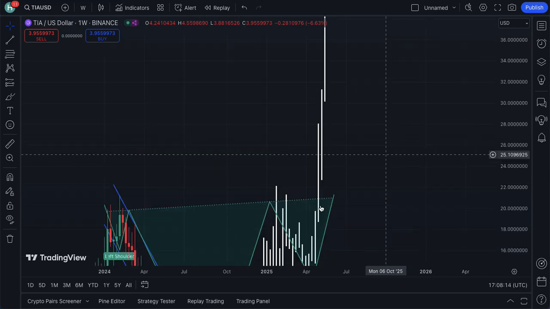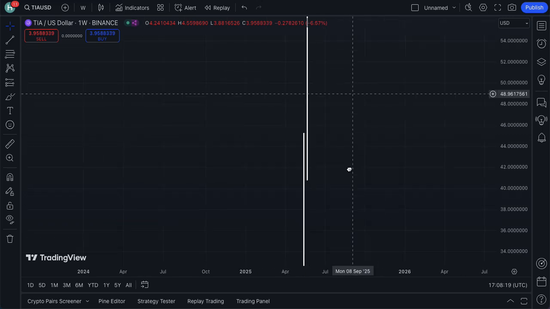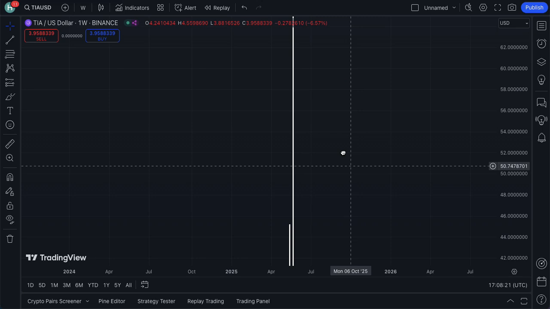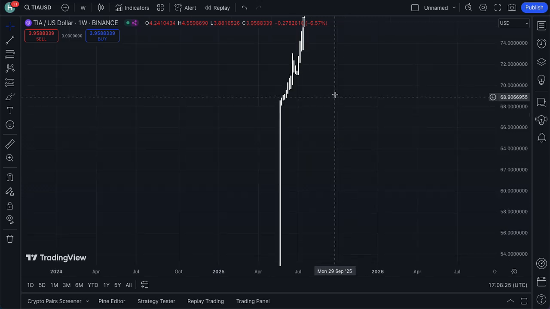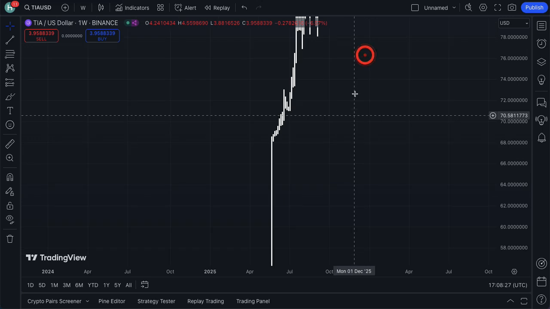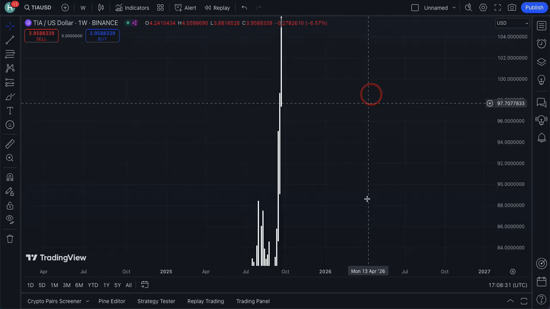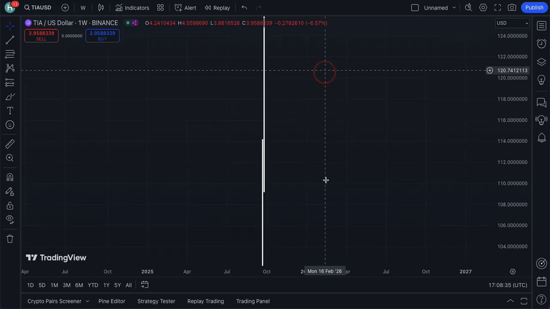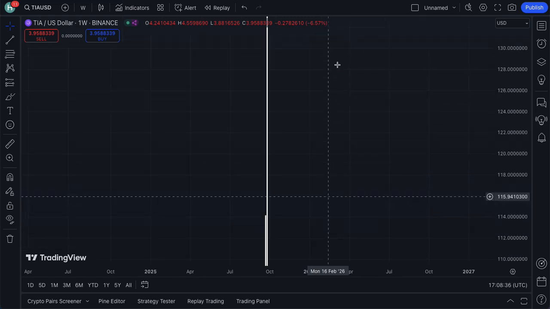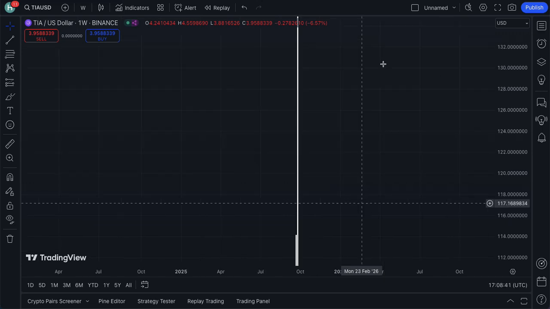If we break out of it, we can easily potentially reach prices of over $60-70, and then we can even go further than that. And I'm not going to be surprised if we play out something like Solana in the last bull market, and we reach prices of over 140 per TIA.